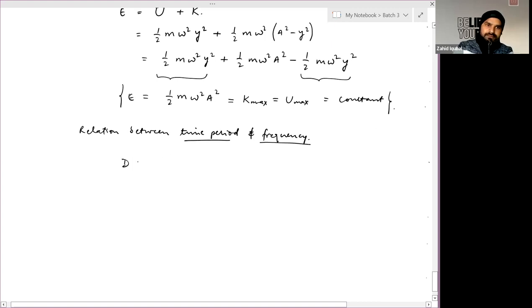First, displacement. Next is velocity. Next, acceleration. Potential energy, kinetic energy, and total energy.